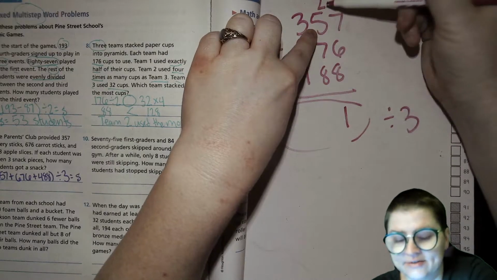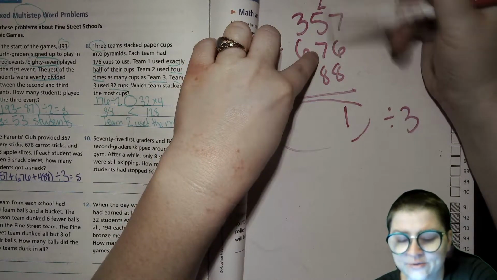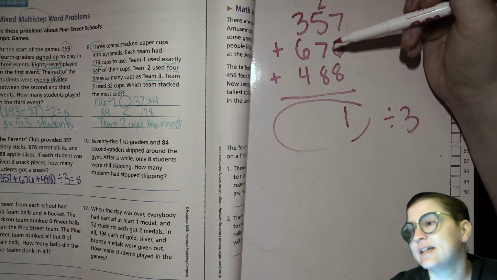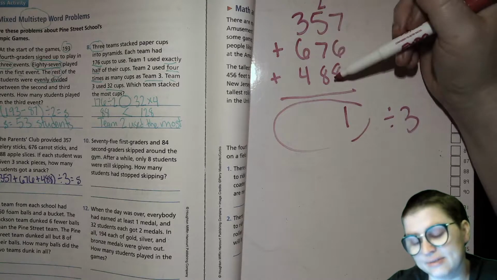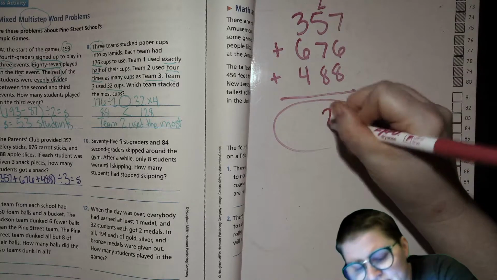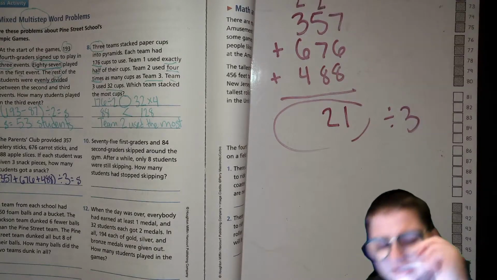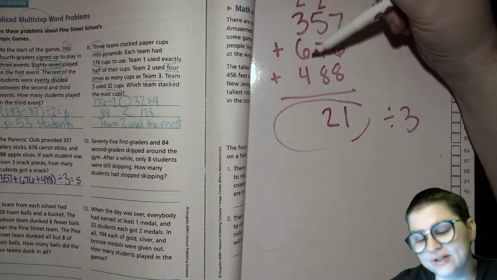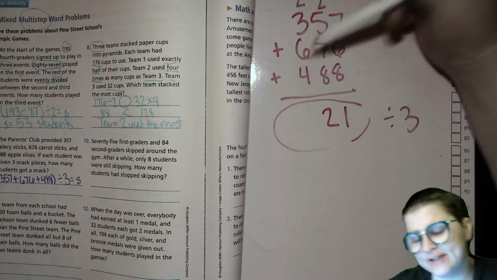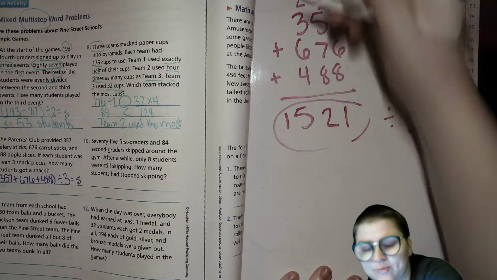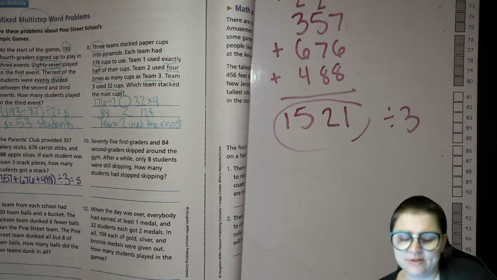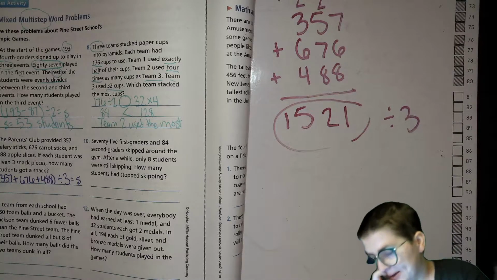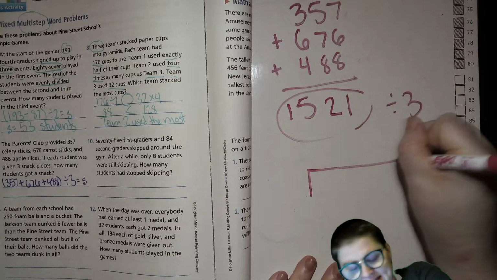So then we have 7 plus another 7, that's 14, plus 6, plus 8. 14 plus 8 is 22. And then 2 plus 3 is 5, 500 plus, this is 6 and 4 makes 10. So it's 1,500, right? So now we have 1,521 divided by 3.